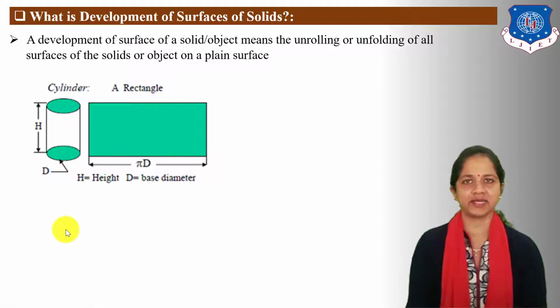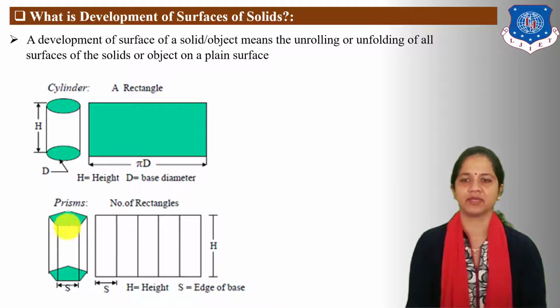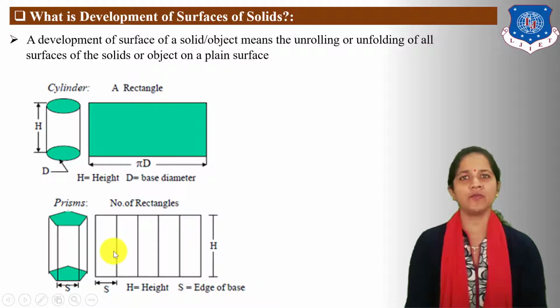Next, let us understand development of prism. Here, a pentagonal prism is given. Any prism has vertical or longer edges and rectangular faces. When we open, unfold or unroll any prism, a number of rectangles open.